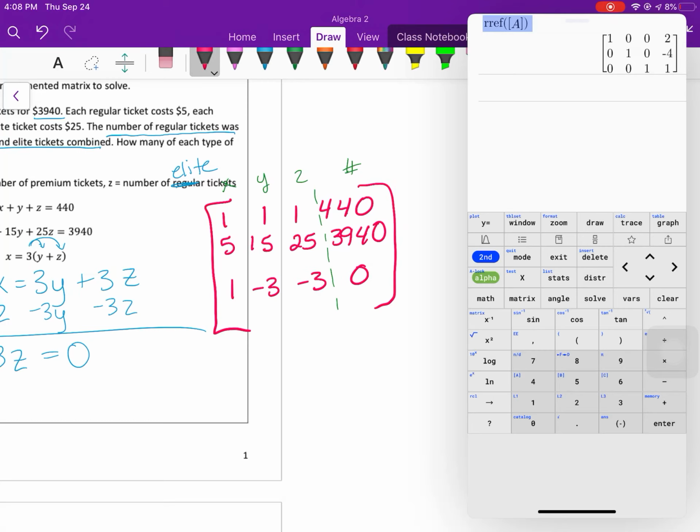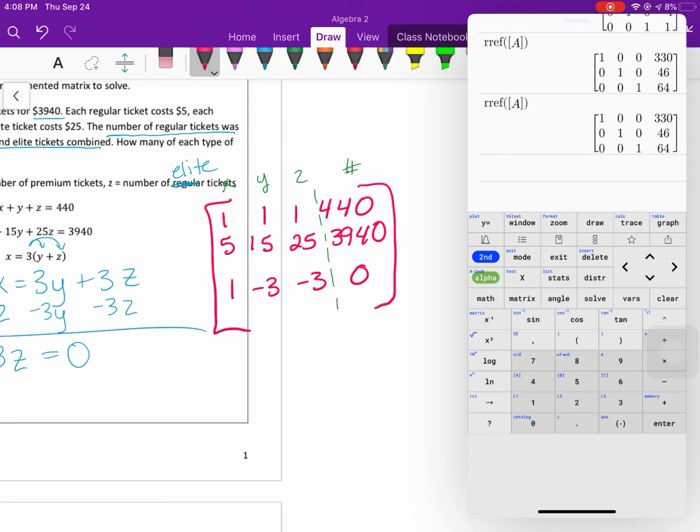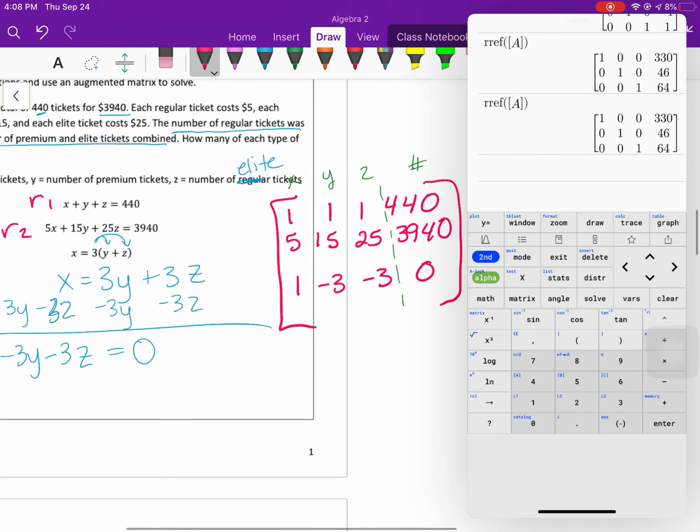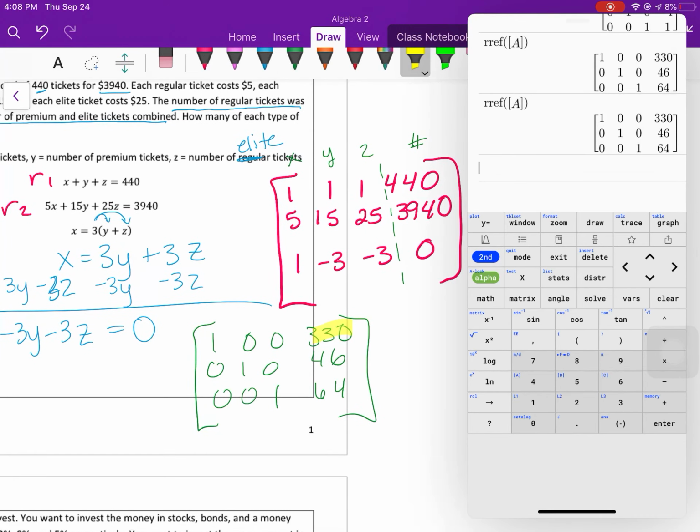So exit, and then I think you can actually go up here and copy and paste that down, and it'll give you the answer. Otherwise, you go to matrix, over to math, number 9, and then matrix, select matrix A. So that gives us the matrix 1, 0, 0, 330, 0, 1, 0, 46, 0, 0, 1, 64.